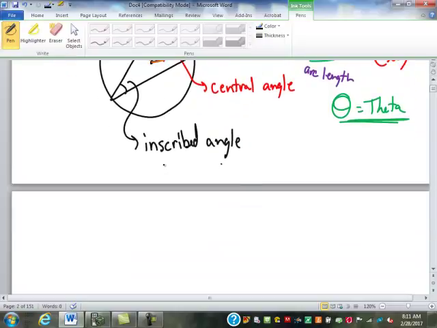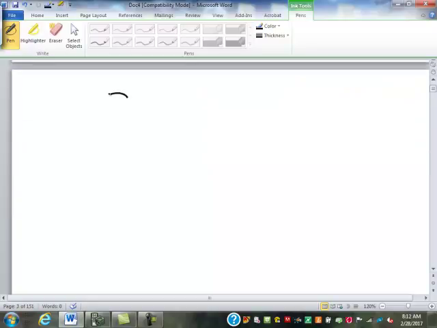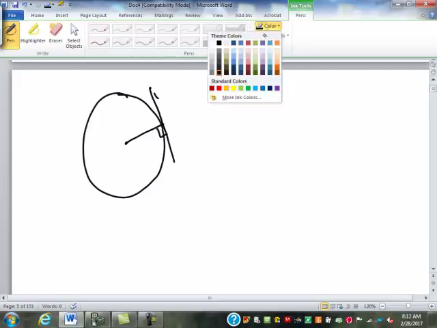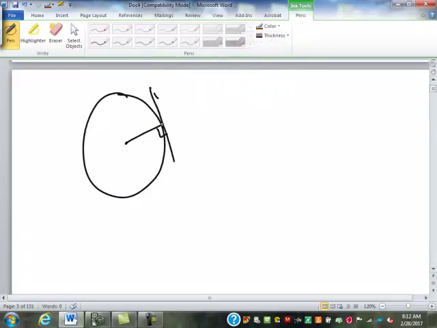We're also going to see something called a tangent angle. If I have a radius of a circle and a tangent, of course, that's going to be a right angle. But from that point of tangency, I could have a chord. So a chord can form an angle with that tangent, and we're going to be looking at relationships on that.